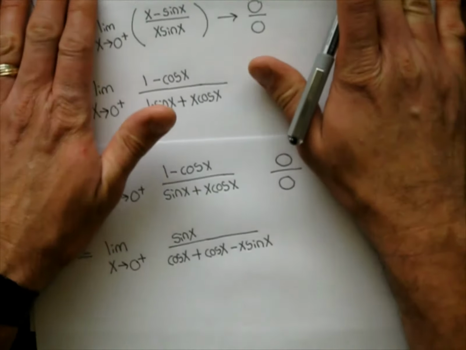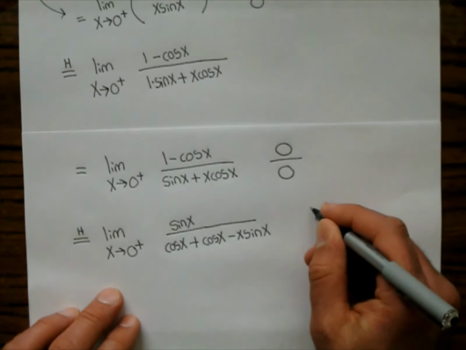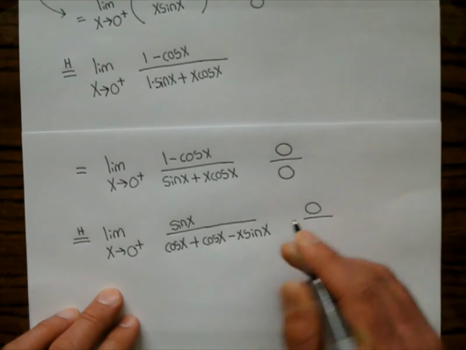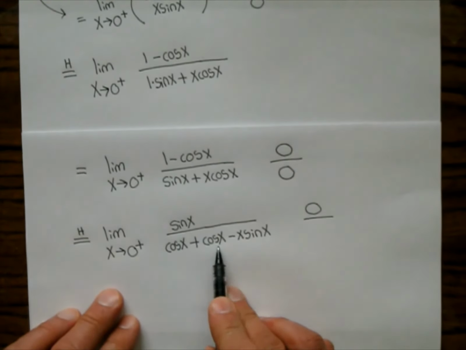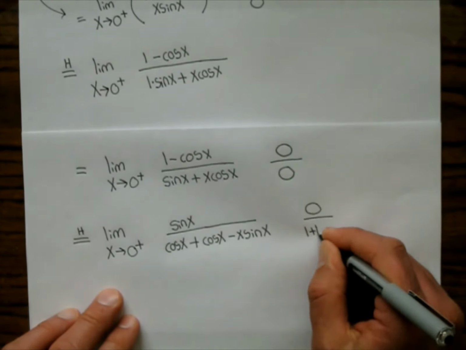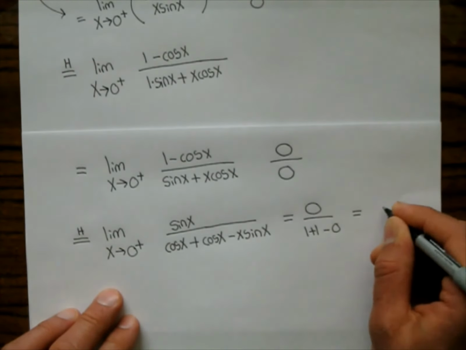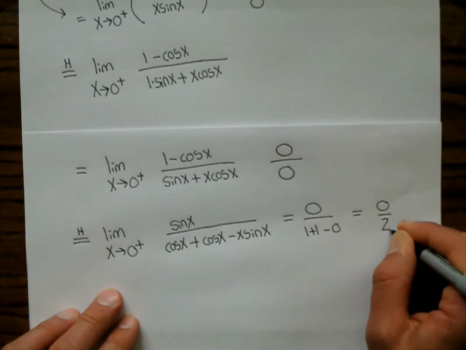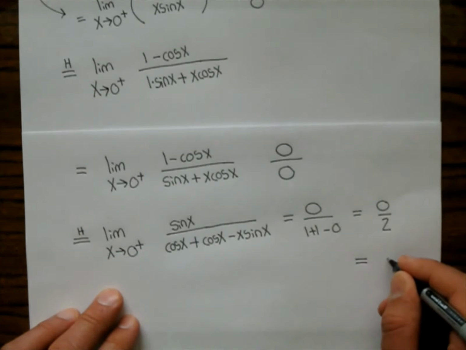So what do I have when I put 0 into this again? I get 0 on the top, and then I get 1, because cosine of 0 is 1. 1 plus 1 minus 0. So this gives me 0 over 2, and 0 over 2 is defined to be 0.